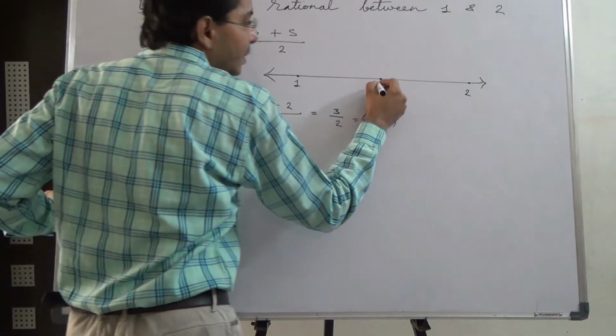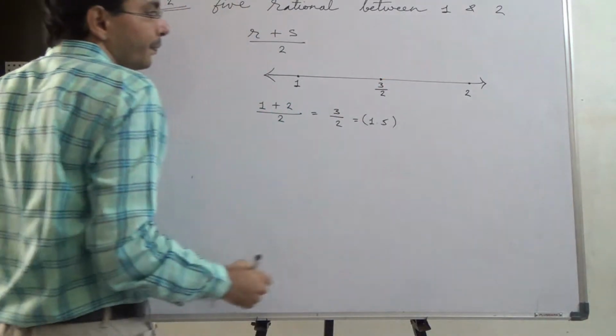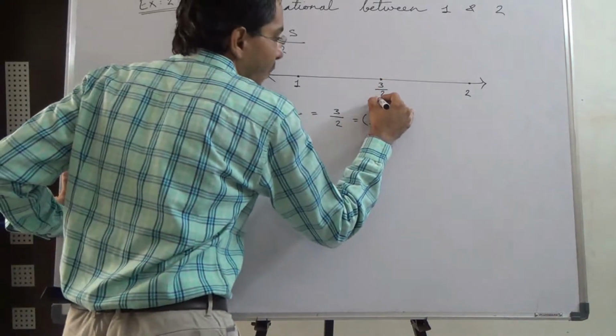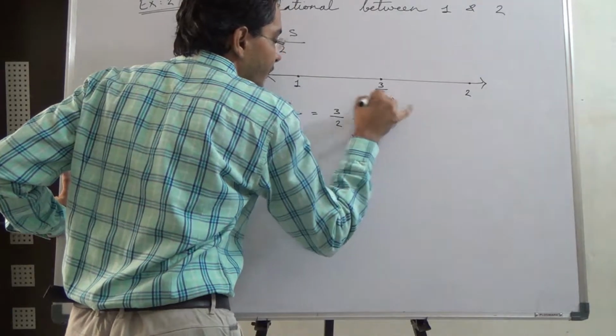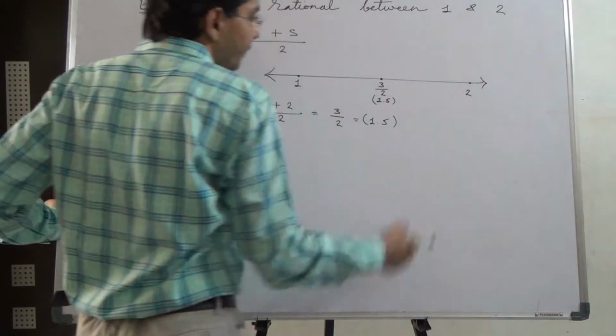Both are the same. So can we say 1.5 is between 1 and 2?